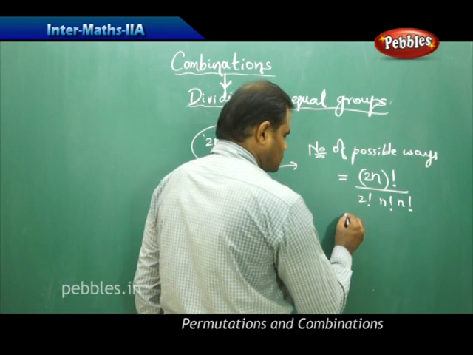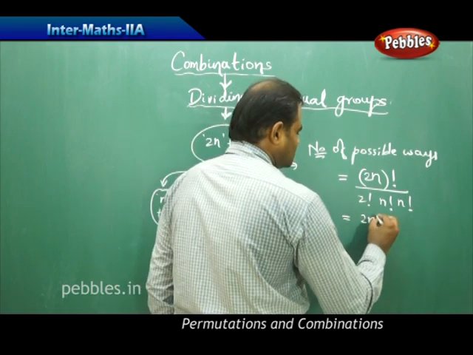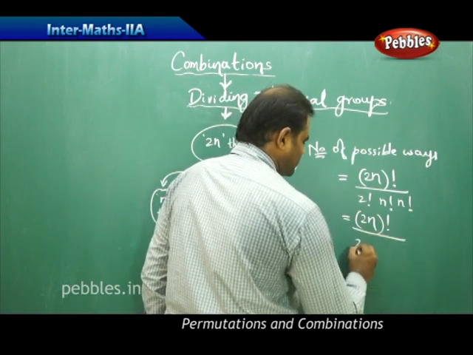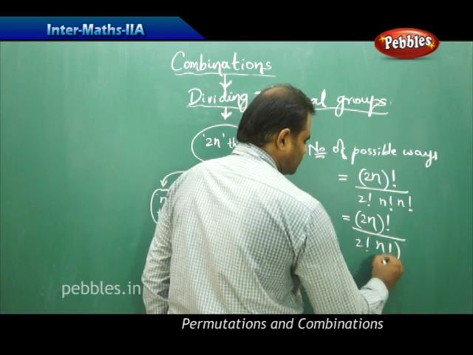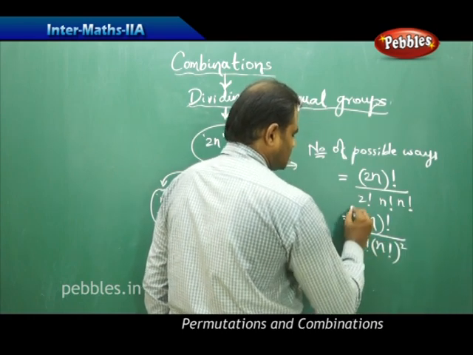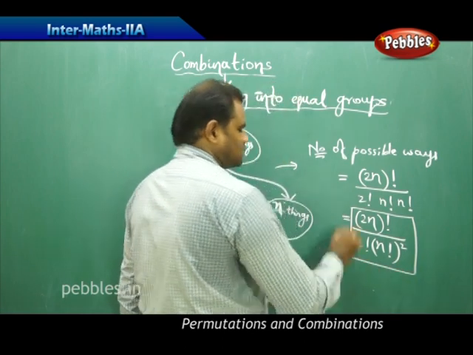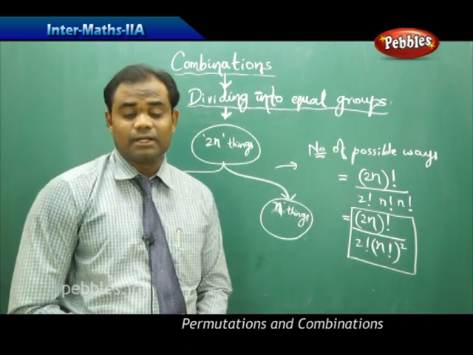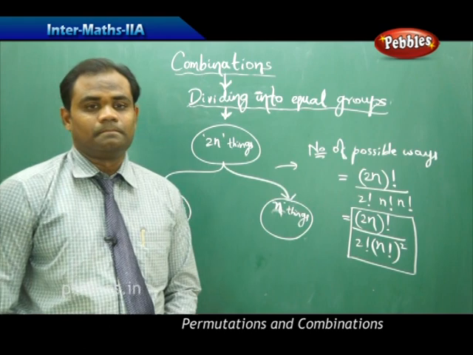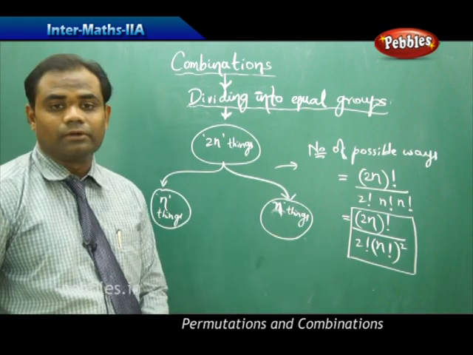Or this can also be written as 2n factorial by 2 factorial n factorial whole square. This is how we understand the formula with equal groups out there.